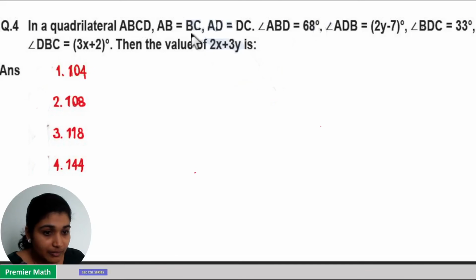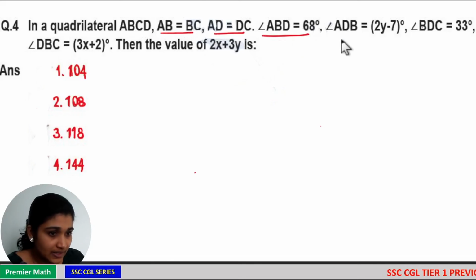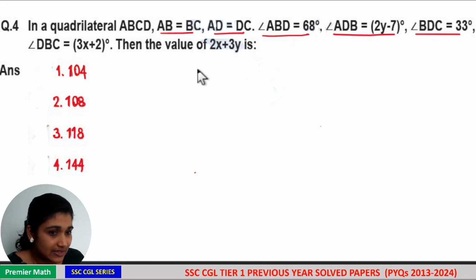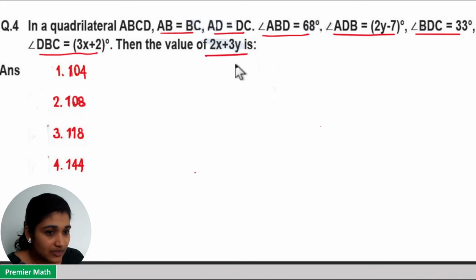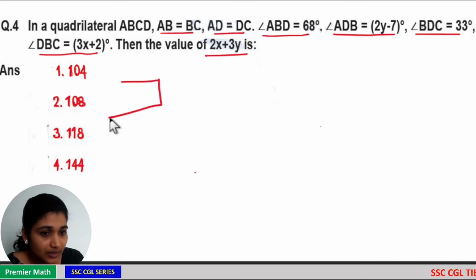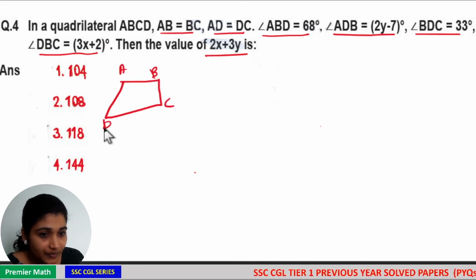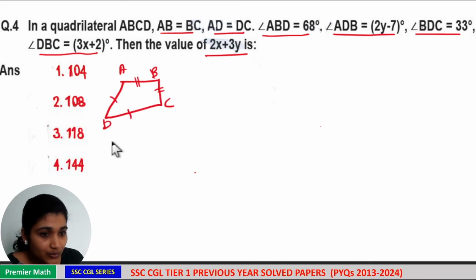In quadrilateral ABCD, AB equal to BC, AD equal to DC, and angle ABD is 68 degrees, ADB is 2y minus 7, BDC is 33, and BCD is 3x plus 2. Then the value of 2x plus 3y is. Here this is quadrilateral ABCD. In ABCD, AB equal to BC and AD equal to DC.